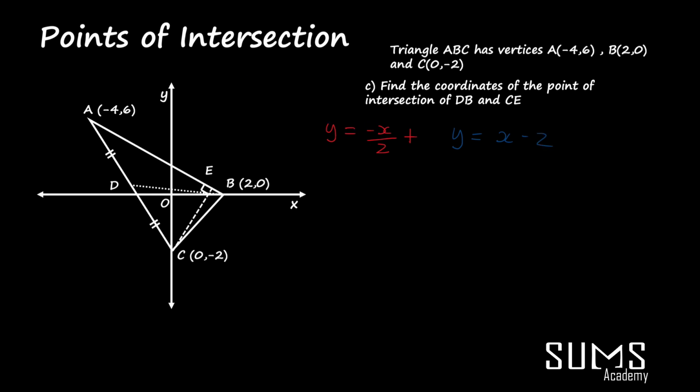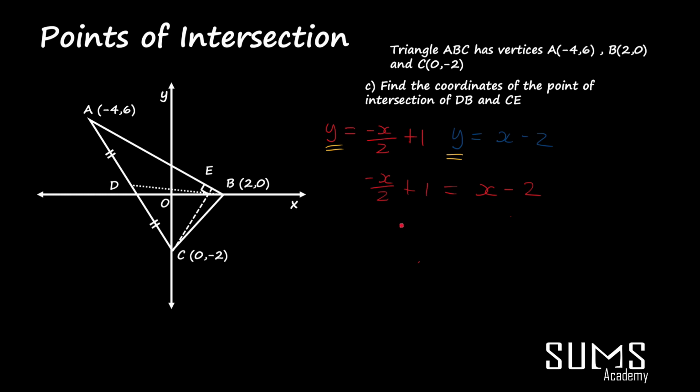Because the equations are both just equal to y, you can just go straight to making these two equations equal to each other. So -x over 2 plus 1 is equal to x minus 2. And you can just simplify this.